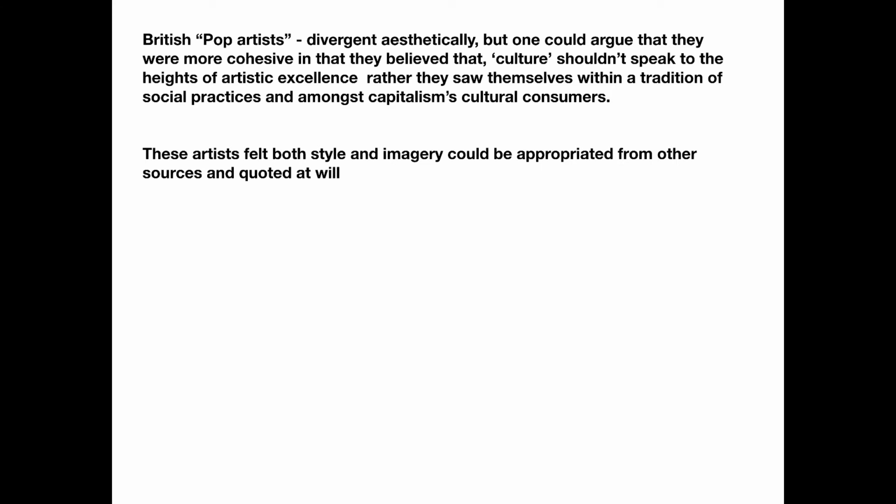British pop artists were pretty divergent aesthetically, though you could argue that they were more cohesive. They believed that culture shouldn't speak to the heights of artistic excellence. Rather, they saw themselves within the traditional social practices and amongst capitalism's cultural consumers.